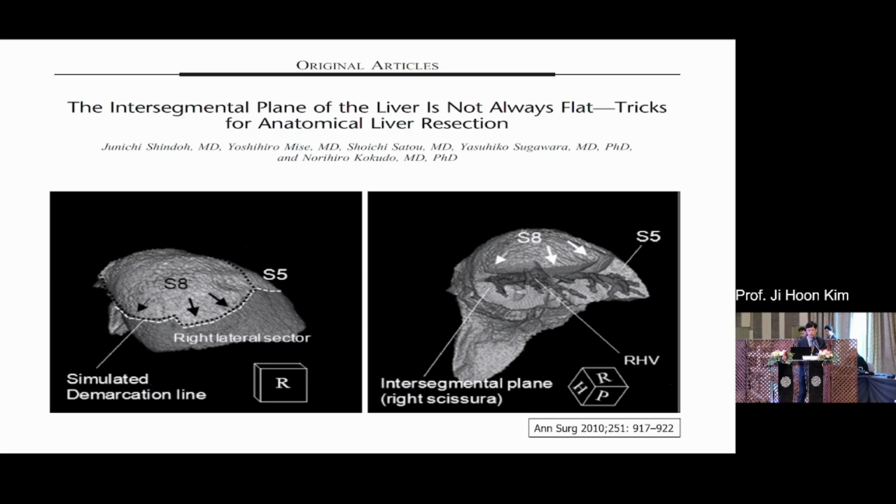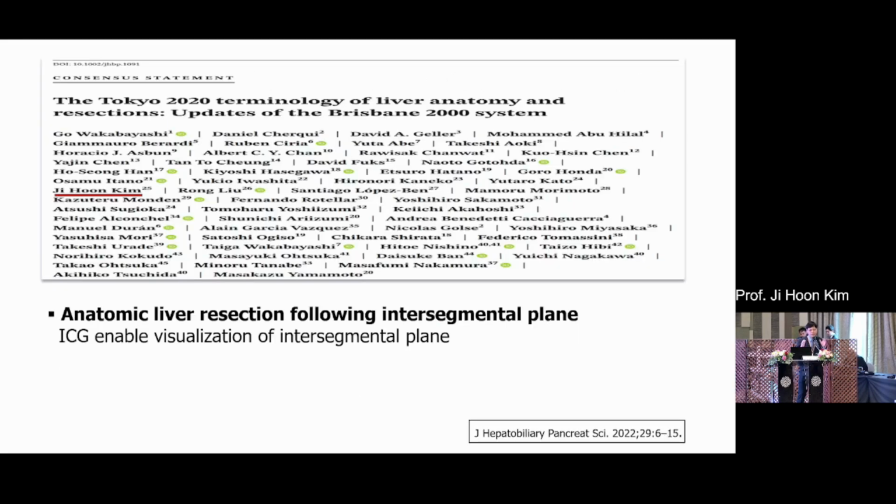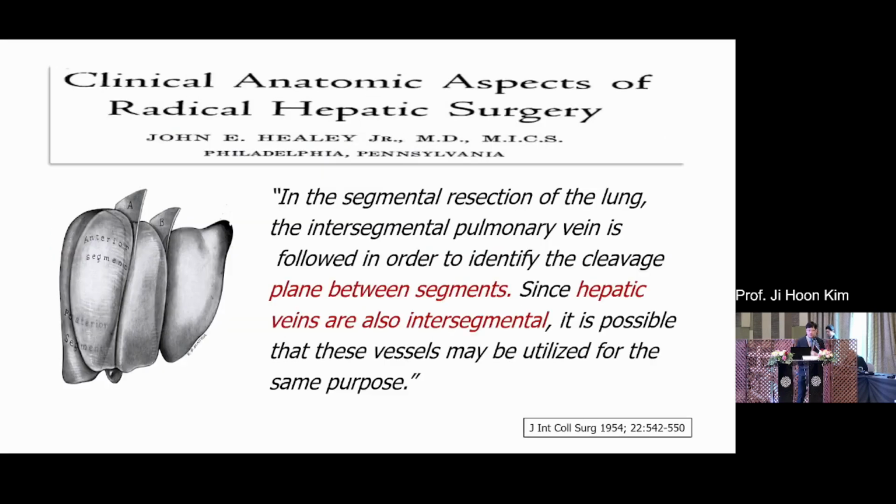So, do you know the first description of the intersegmental plane? It was the Healey group, in 1954. The Healey group studied 100 cases. They found that in the intersegmental plane there is no Glissonian branch, only the hepatic vein runs.